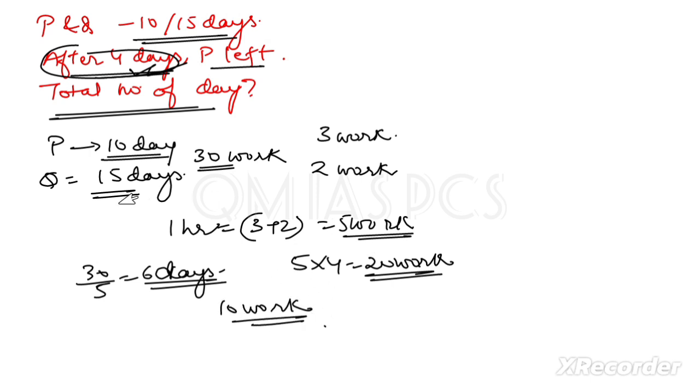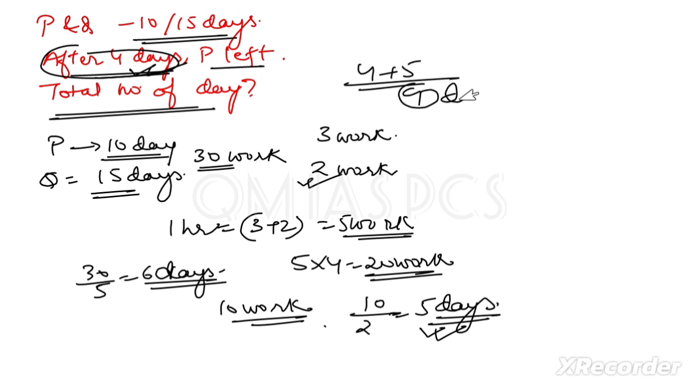For Q, who does 2 work in one day, it will take 10 by 2, that is 5 days. Initially they worked together for 4 days, and now Q has worked 5 days alone, so the total work will be completed in 4 plus 5, that is 9 days.